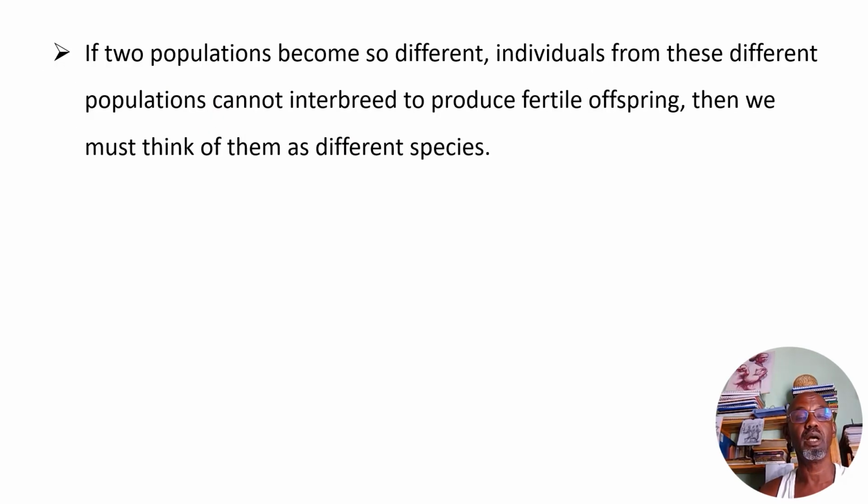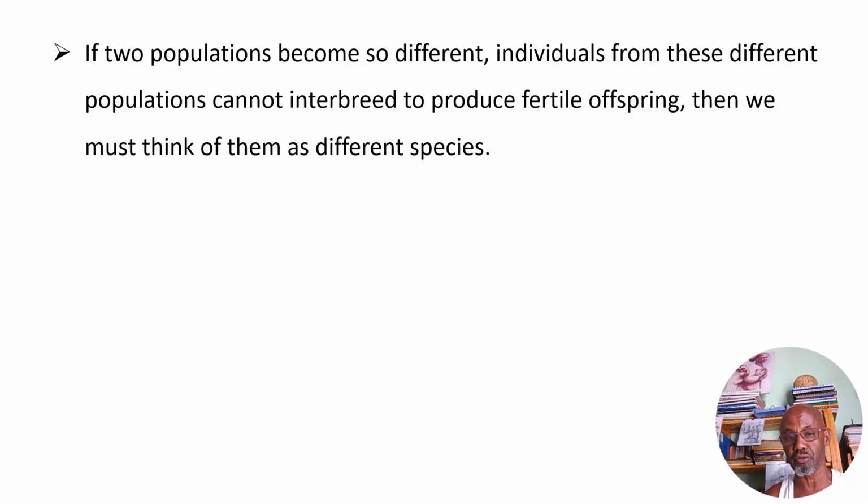If two populations become so different that individuals from them cannot interbreed to produce fertile offspring, then we must think of them as different species.